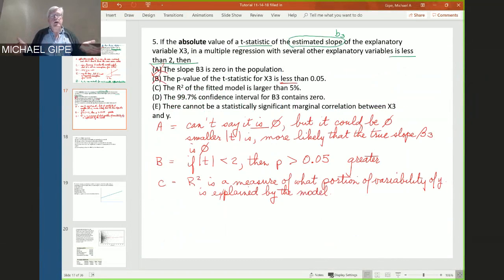So the t-stat doesn't have anything to do with that. The t-stat of only one variable is not telling you anything about how much of the variability in Y is explained by the model as a whole. That's what the R squared tells us. So that's completely wrong, unrelated.